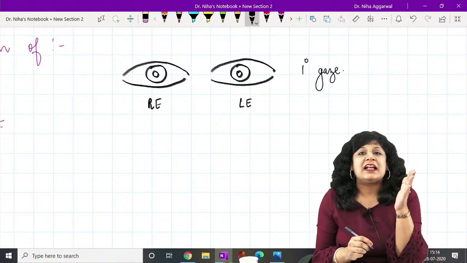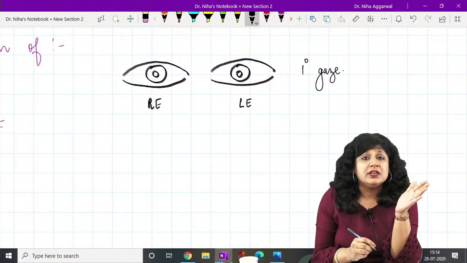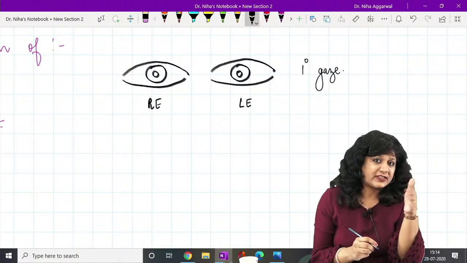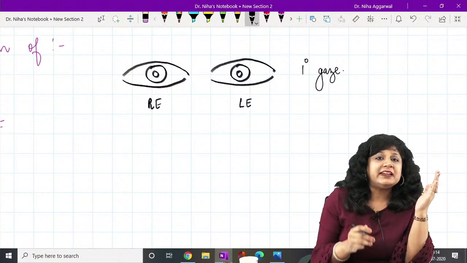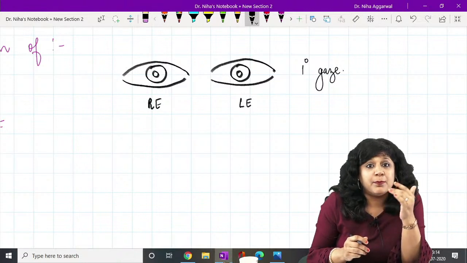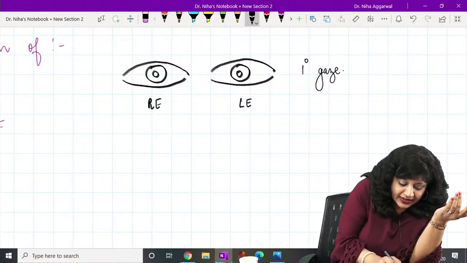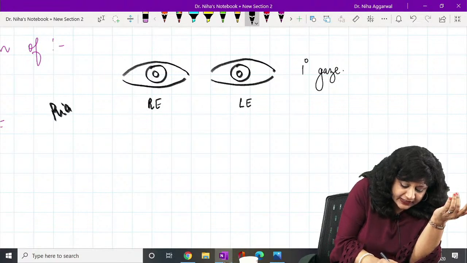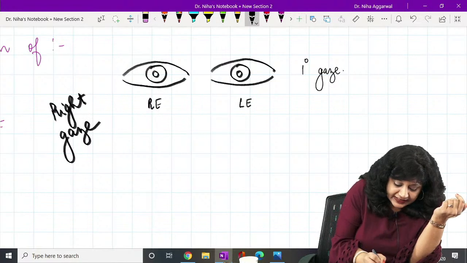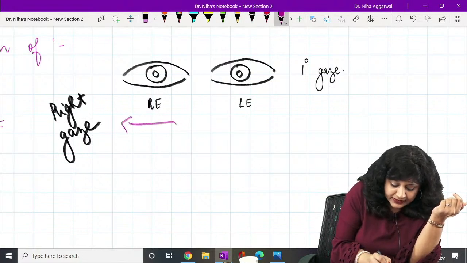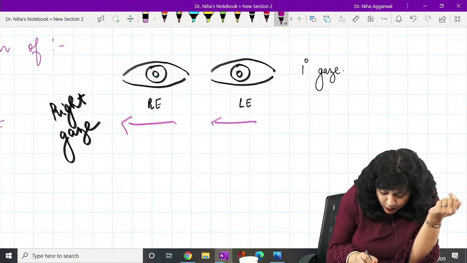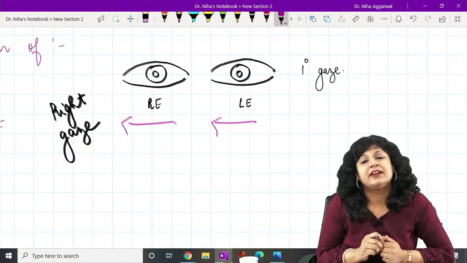Now if I ask the patient to look in the right gaze, what is the meaning of that? Right gaze means that both the eyes are looking towards right. So this right eye will look towards right and this left eye will also look towards right.